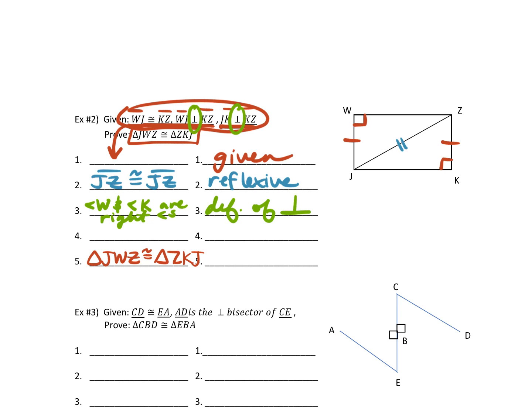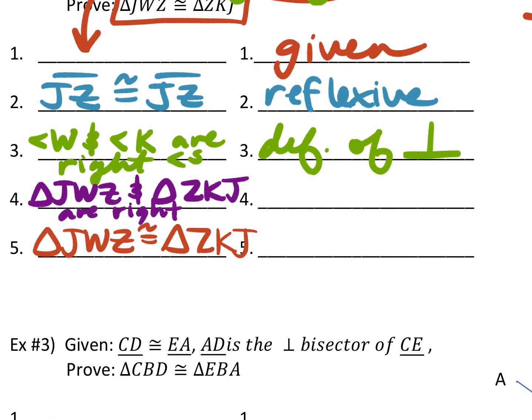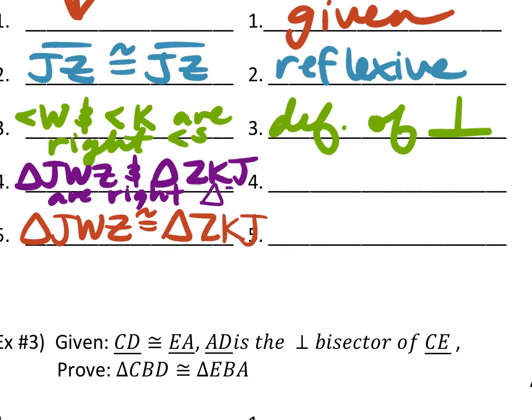Okay, now here's where people are always like, what? We already said they're right angles. That's not what you need to prove triangles congruent by HL. You need to know you have two right triangles. Okay, so we know now we have two right angles. Now we have to say triangle JWZ and triangle ZKJ are right triangles, not right angles, okay?